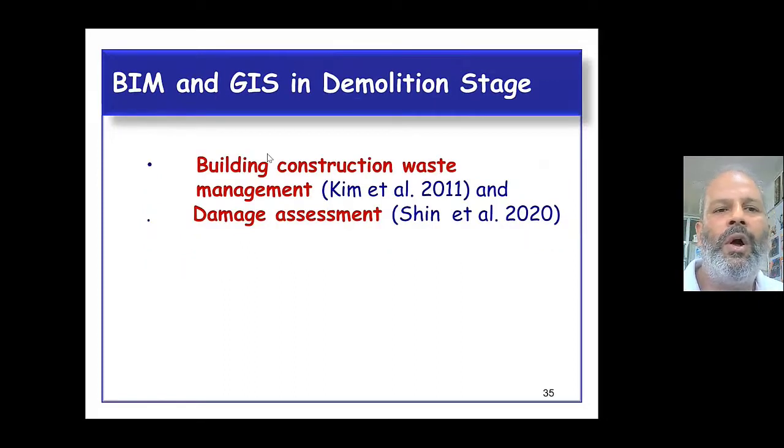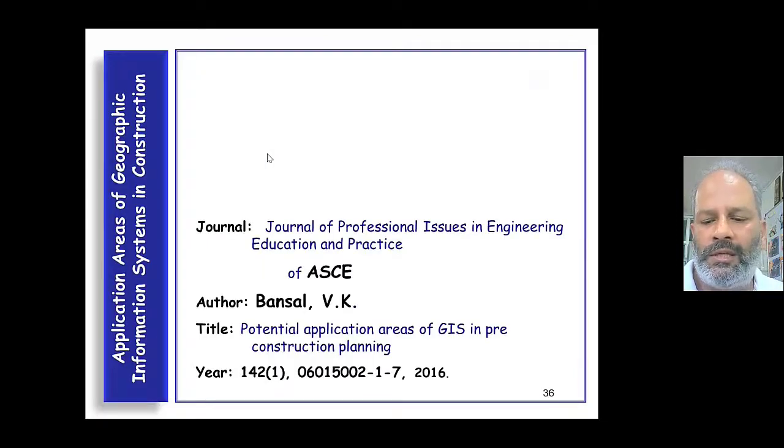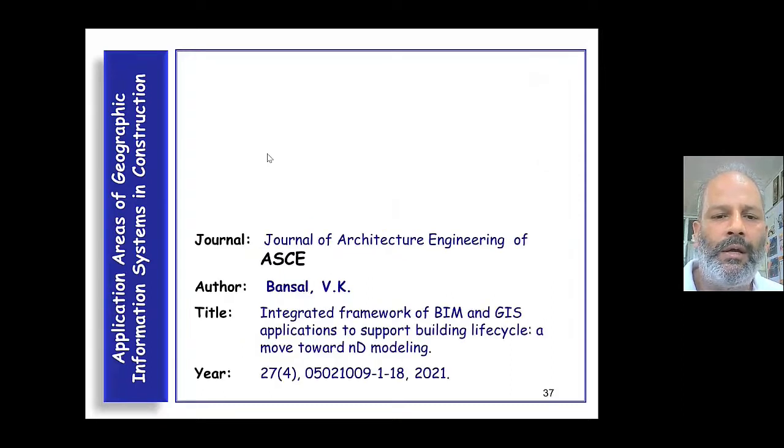Other applications of GIS along with BIM that have been reported in this demolition stage are building construction waste management and damage assessment. This is the reference for further detail. Another reference for more detail.